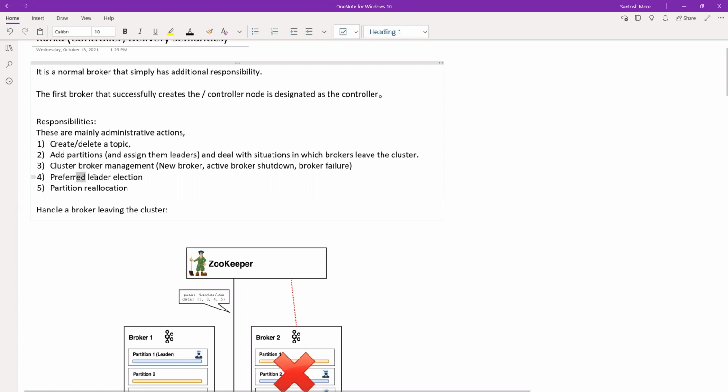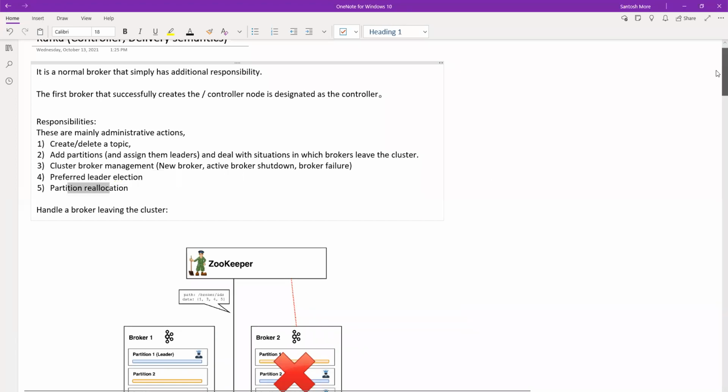And it also does a preferred leader election. Okay, there is something called preferred leader election; we'll come to that. And the other is partition reallocation. Partition reallocation is something like a rebalancing of the partitions.